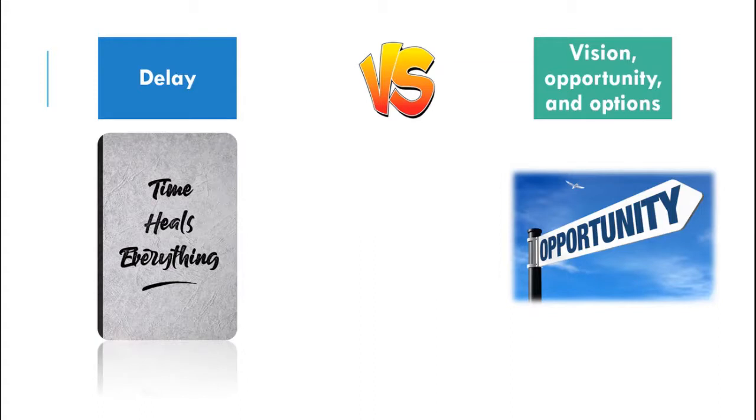In delaying, there is a possibility that you can try to ignore the problem or the situation, because there is a high likelihood that it would just go away. But when you say vision, opportunity, and options, you are going to consider the different opportunities or options that might happen tomorrow that could affect your situation right now.